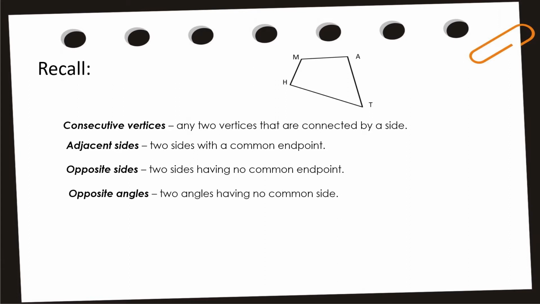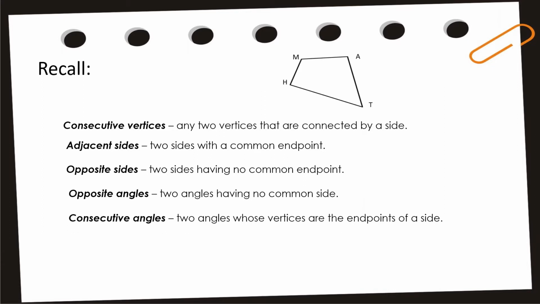Next, we have opposite angles. So when we speak of opposite angles, it means two angles having no common side. Example, angle M and angle T. Another example of opposite angles are angle A and angle H.